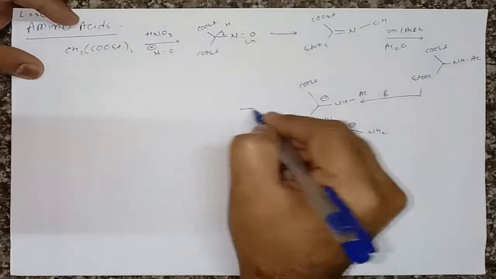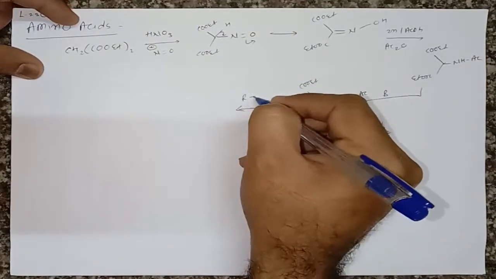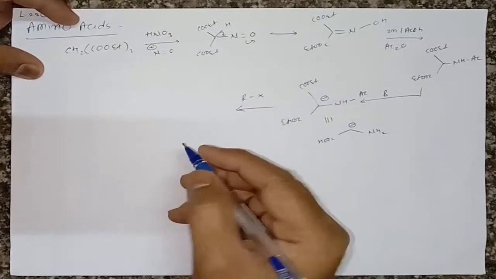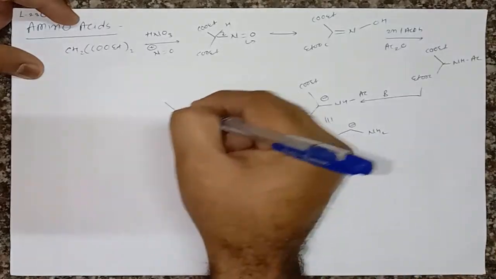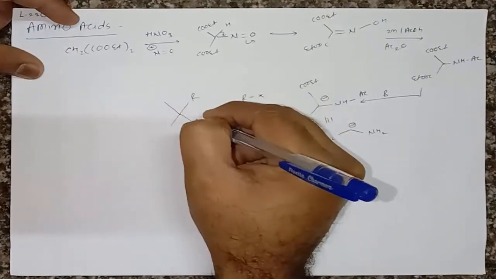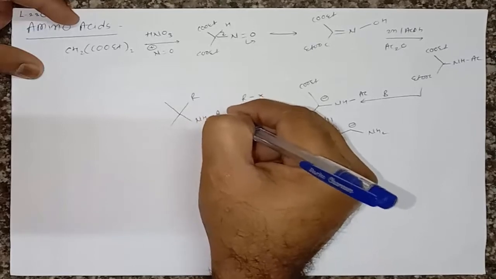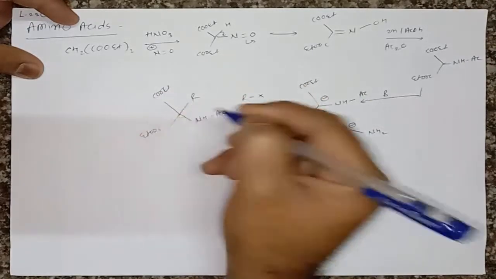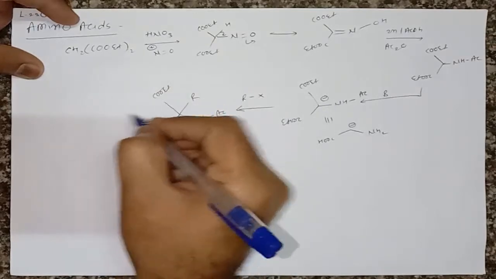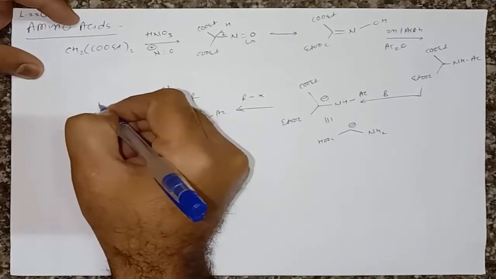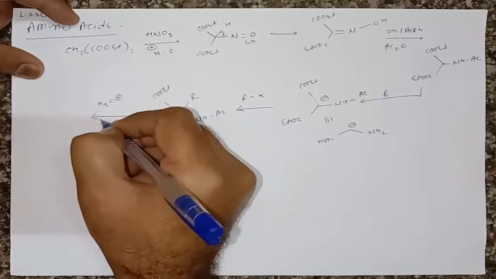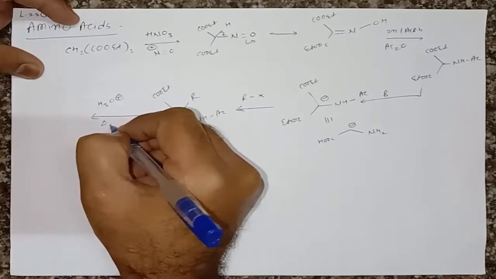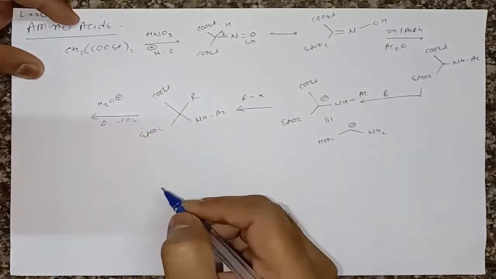When we treat this molecule with any RX, the R group will be substituted at this position, and the remaining molecule will be the same, COOEt, EtOOC. And then in the further step, if we hydrolyze this molecule, it undergoes heating and decarboxylation, right?